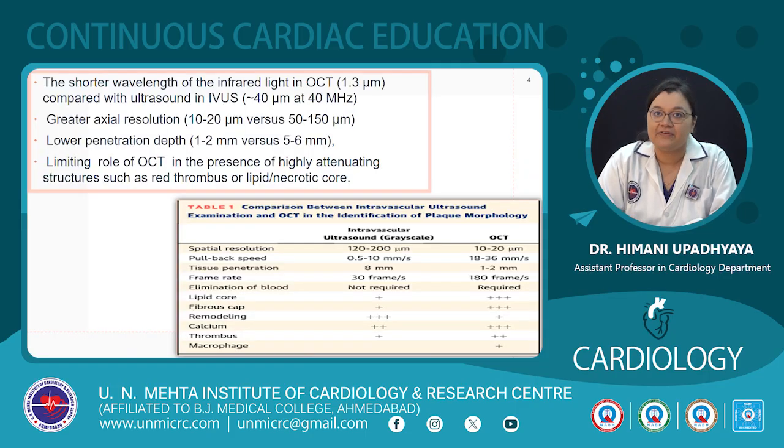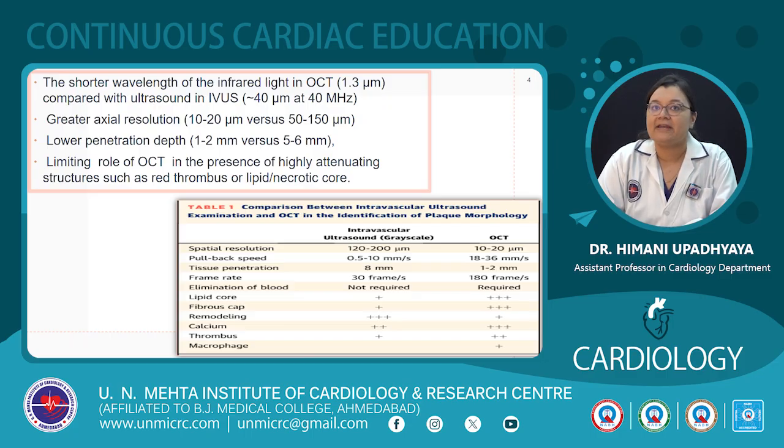The basic difference between IVUS and OCT is the shorter wavelength of the infrared light compared with ultrasound in IVUS, so it provides greater axial resolution, 10 to 20 microns versus 50 to 150 microns in IVUS, at the cost of lower penetration depth, 1 to 2 millimeters versus 5 to 6 mm in IVUS.